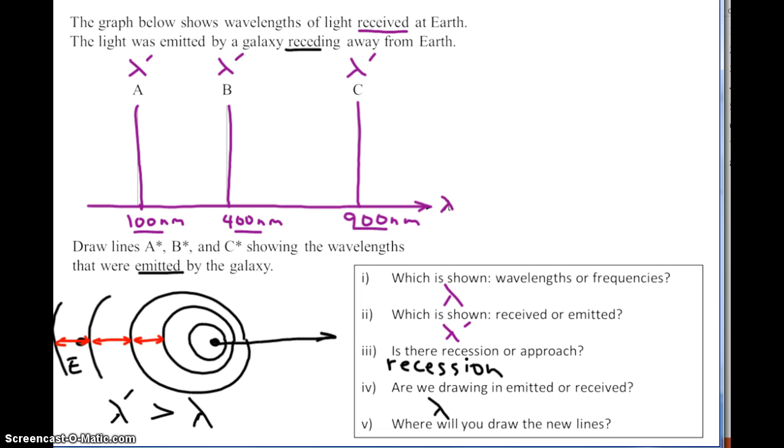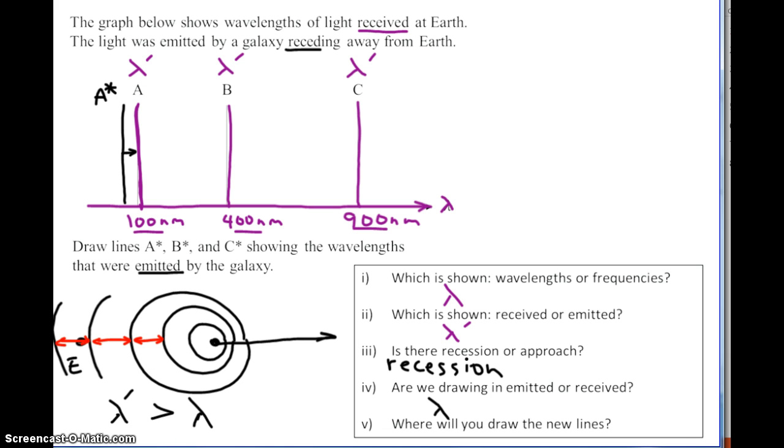So here in purple, line A, there it is, that's bigger than the original lambda. The original lambda, A star, should be right here. And it's been shifted up to a larger value because of that expansion of the wavefronts.